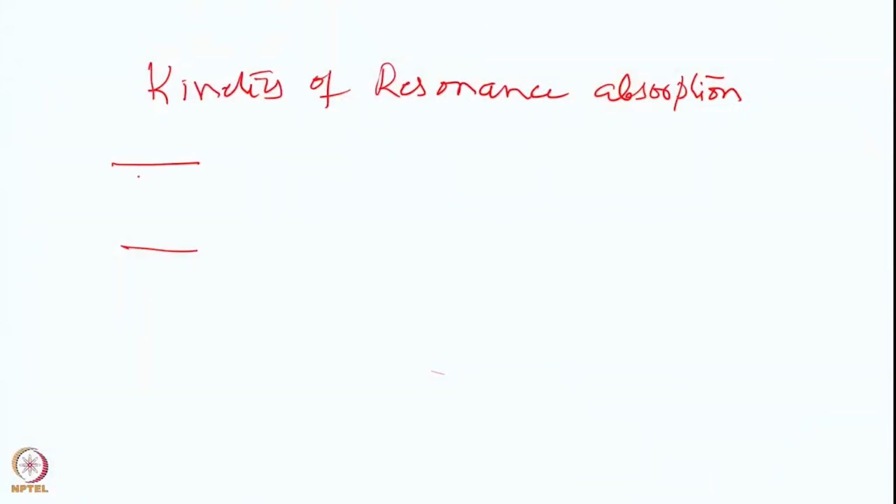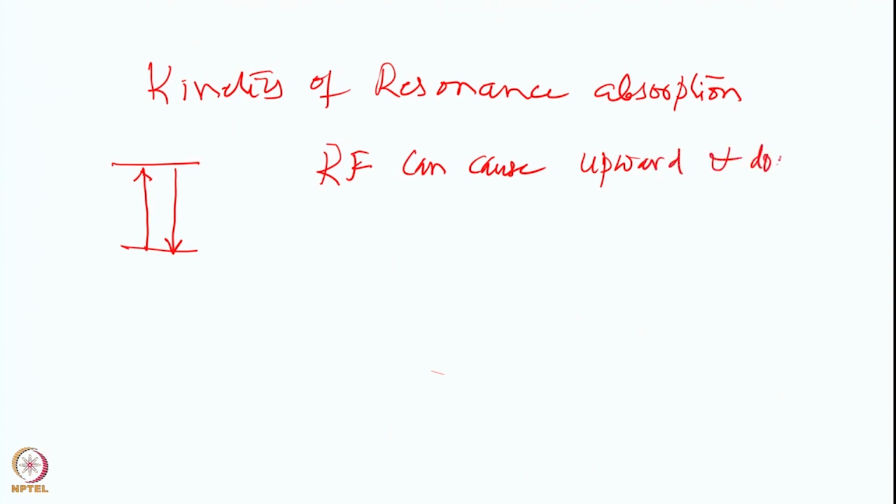The RF induces transition from here to here, but notice it can also induce a transition from here to here as well. The radio frequency can cause upward and downward transitions with equal probability.